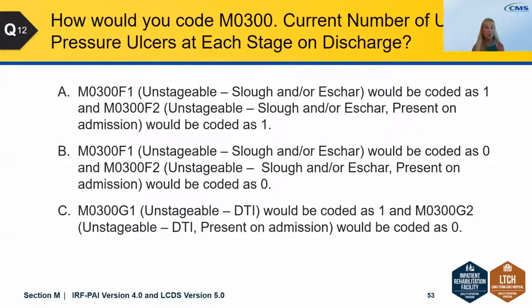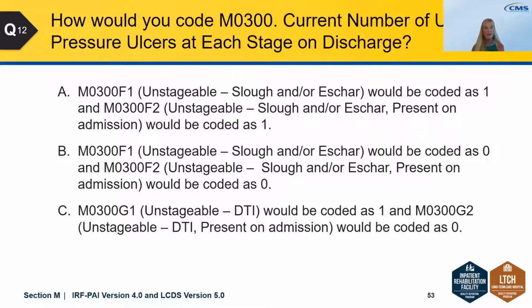Let's code the discharge assessment. So when the patient was discharged, how would you code MO300 for the same scenario? A, MO300F1 unstageable due to slough and/or eschar is coded as a 1, and MO300F2 unstageable due to slough and/or eschar present on admission coded as 1.